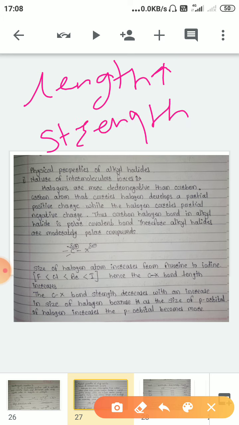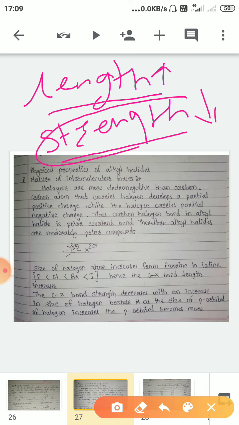So we have to correlate the size of halogen, the length of the carbon-halogen bond, and the strength of the carbon-halogen bond. Now, why does the strength go on decreasing?